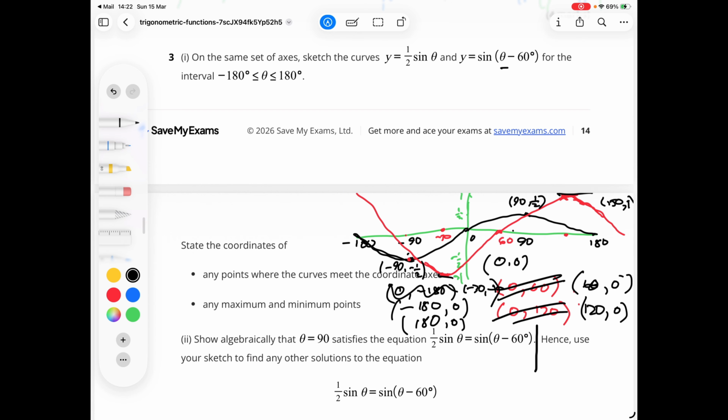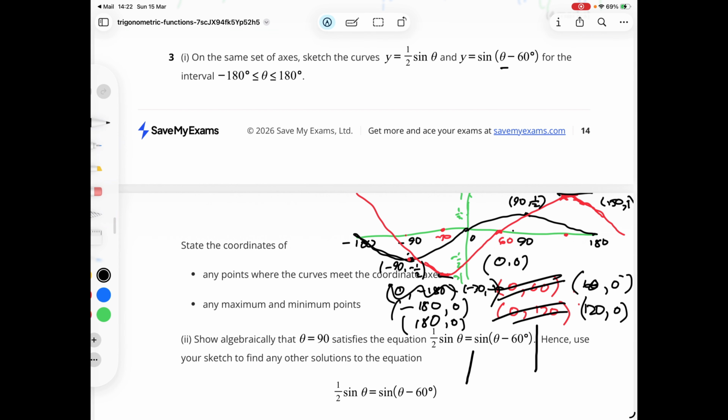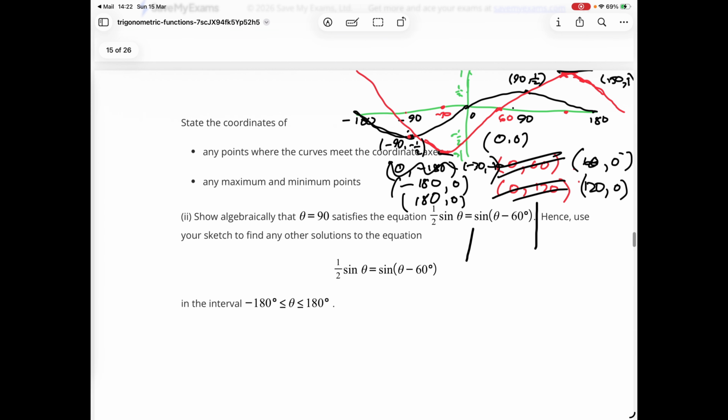Okay, show algebraically that theta satisfies all of these things, so half sine theta equals sine theta minus 60, and that means that sine theta equals 2 sine theta minus 60.